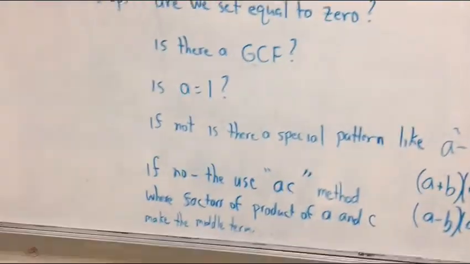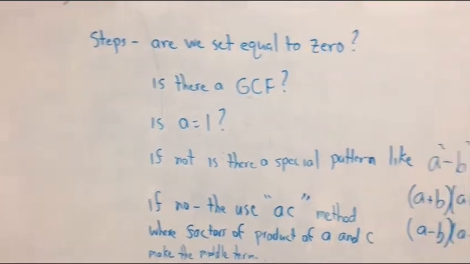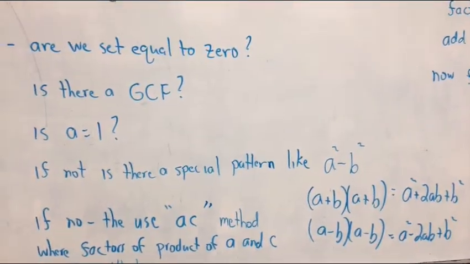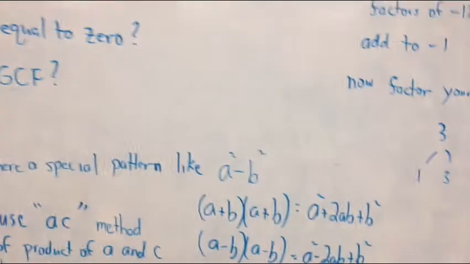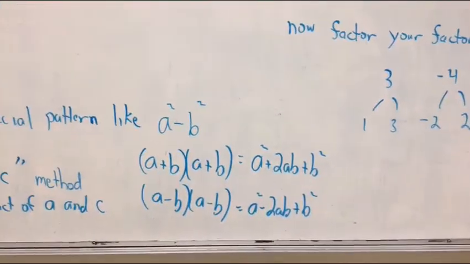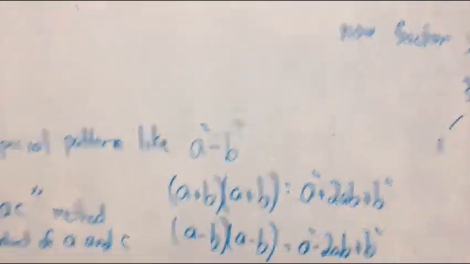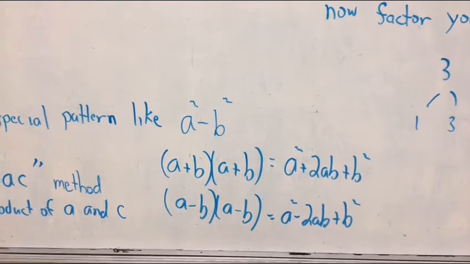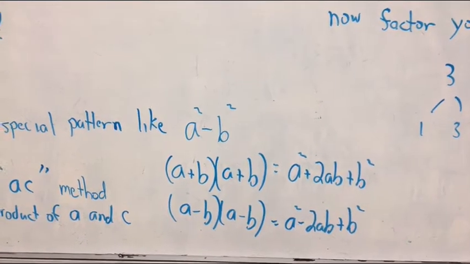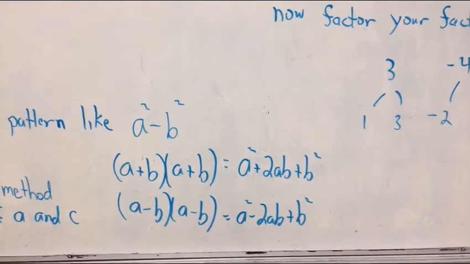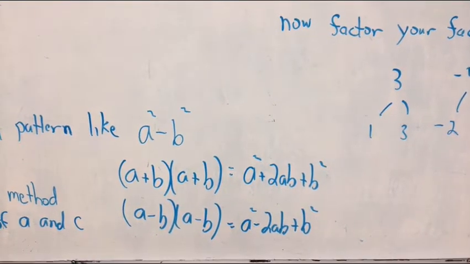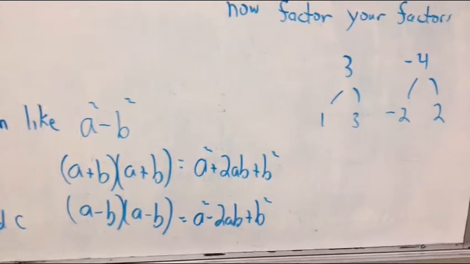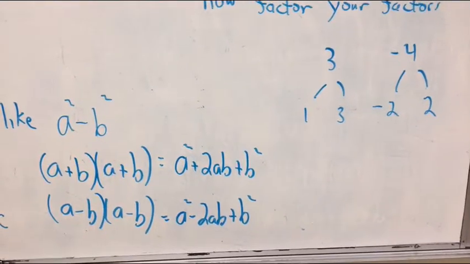Next, if there is a special product, we might be able to do something a little easier. Remember, those special products could be these. The first one, the difference of two squares, a squared minus b squared. Remember, that factors into a minus b quantity, a plus b quantity. Or we could have a perfect square in a plus b, which looks like a squared plus 2ab plus b squared.